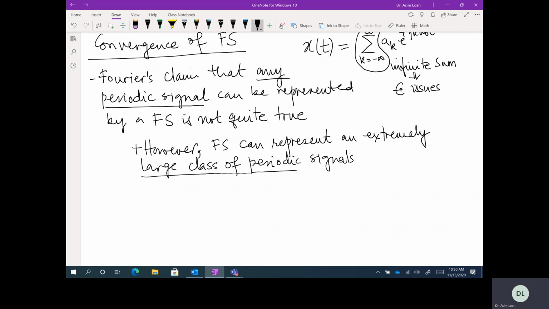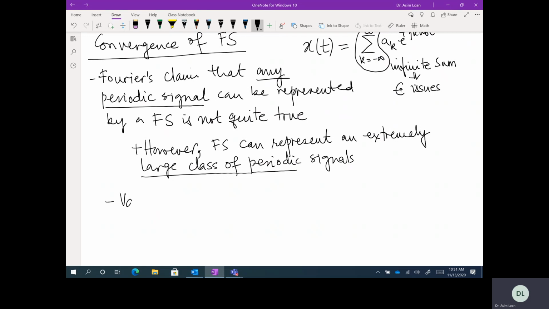From an engineering point of view, there are almost negligible or almost zero signals that do not have a Fourier series representation. From an engineer's point of view, all signals do have a Fourier series representation.